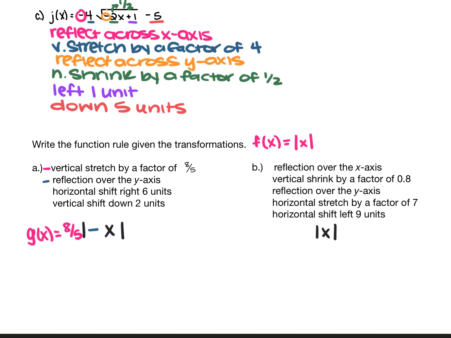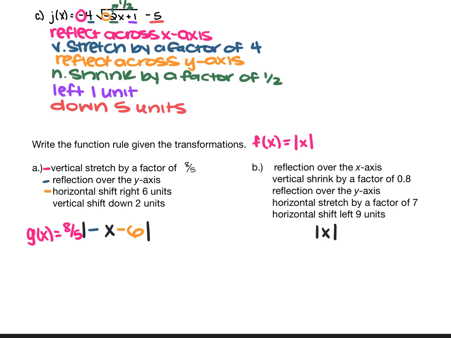Next, we have a horizontal shift right 6 units. It's inside because it's horizontal. So then we're going to the right, so that means we're going to turn this into negative x minus 6. So we put the minus 6 down, and then reclose the absolute value.